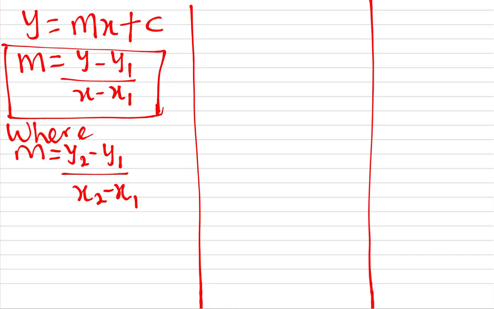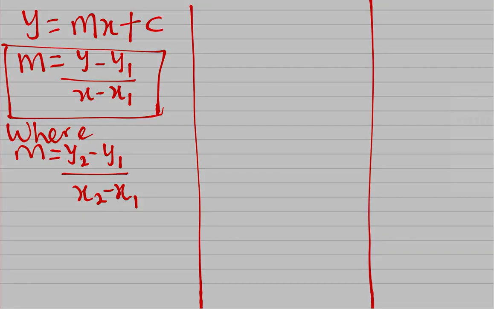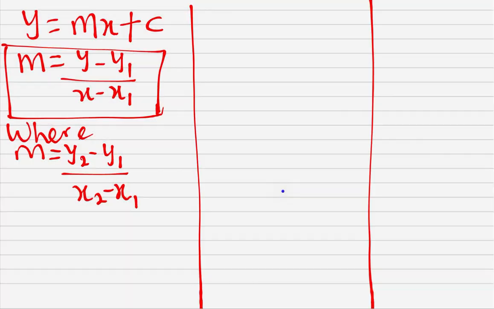So if we are given two points, these formulas that we have here, this first one, which we call equation star, can only be used when we are given the gradient and 1 point.